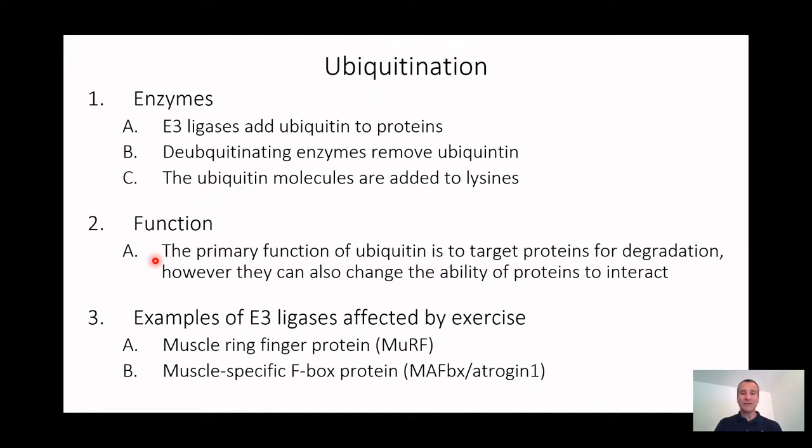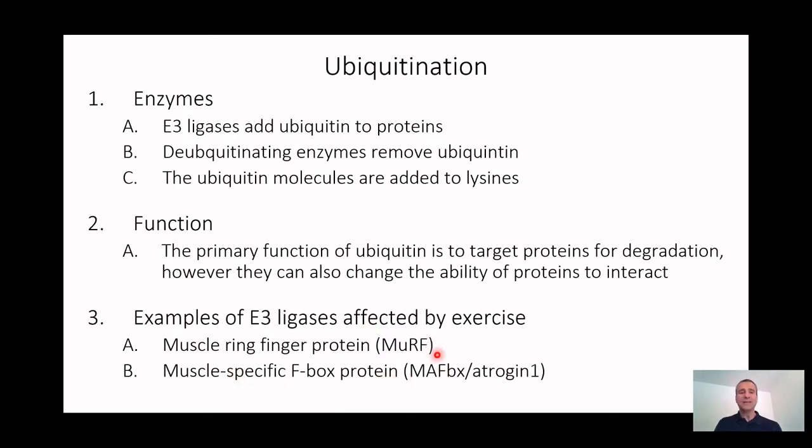The primary function that we're going to talk about, though, is targeting proteins for being broken down. These proteins are targeted to be broken down in a very specific way, using the proteasome, which is our big trash removal system in a lot of our cells. Ones that are affected in muscle are things like muscle RING finger protein, or MuRF, and muscle-specific F-box protein.